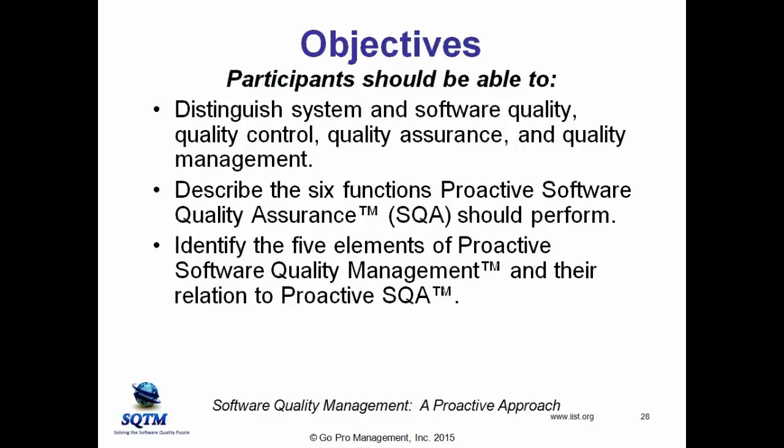I hope that you found that we've done what we set out to do, that we've made some distinctions between system quality and software quality, and that that's by and large an artificial distinction based upon design decisions of whether or not the product includes hardware as well as software elements, and that premature judgments on whether it's a system or software quality issue can actually interfere with meaning, that quality control is examining products, quality assurance is examining processes, and as I use the terms, proactive software quality assurance, which has 6 elements or 6 functions, really overlaps completely with the 5 elements of proactive software quality management.